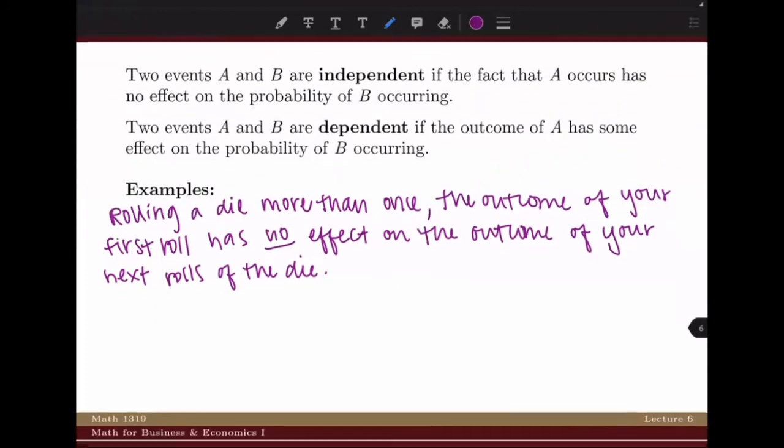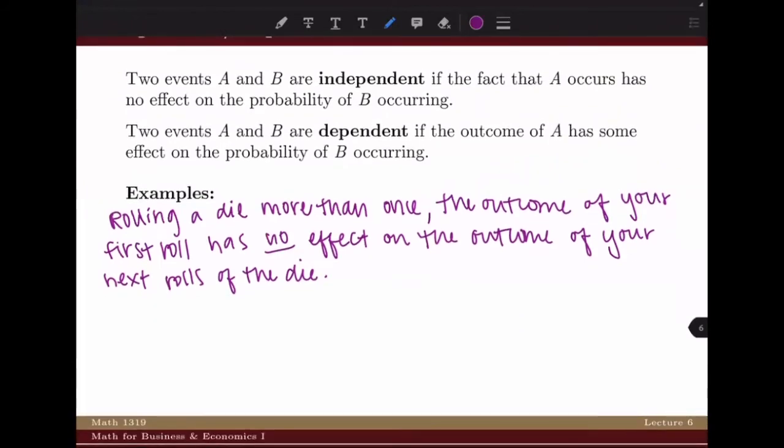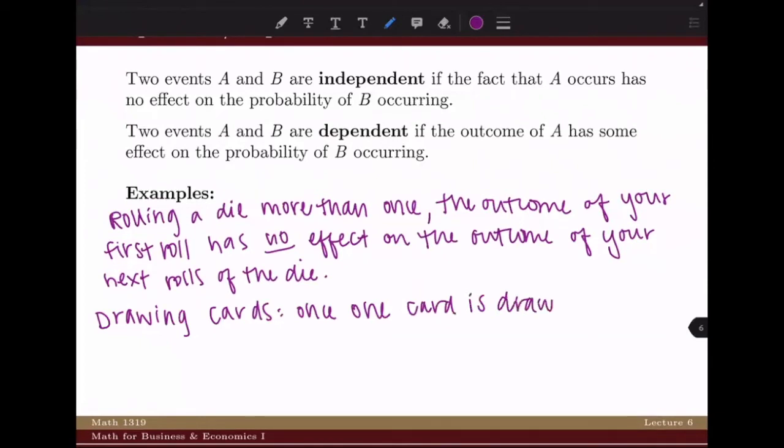However, if you're drawing cards, once one card is drawn, that leaves the deck with 51 instead of 52 cards.